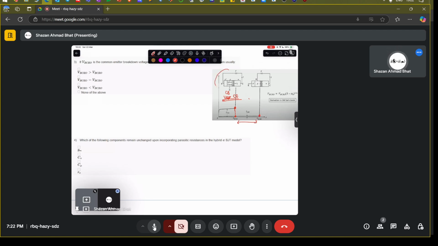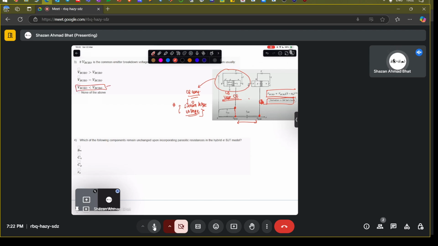That means the common base configuration is going to sustain large voltages before it breaks down, so it will be better for high voltage applications. This relation can also be looked into in the SMZ book, and we have discussed this particular region.